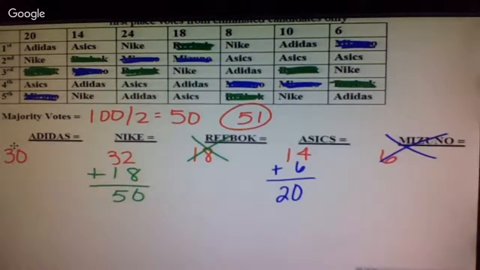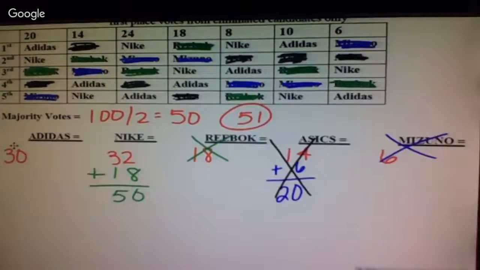So now who do we lose? Asics. Okay. Asics had 14 points from this column. So those are going to go to Adidas. And they had 6 points from this column, which are now going to go to Nike.